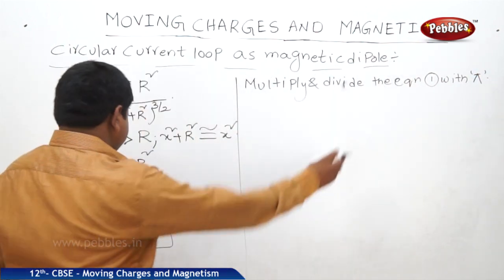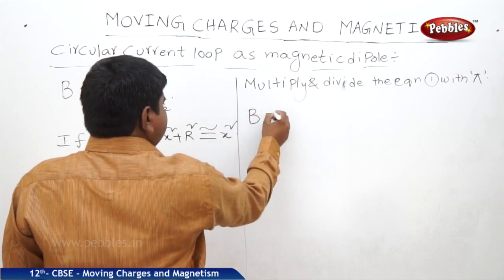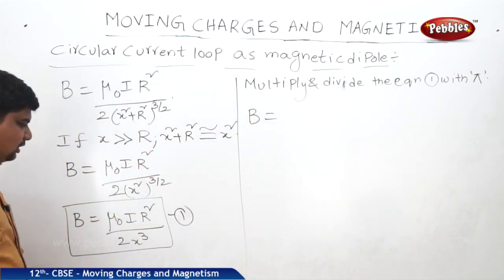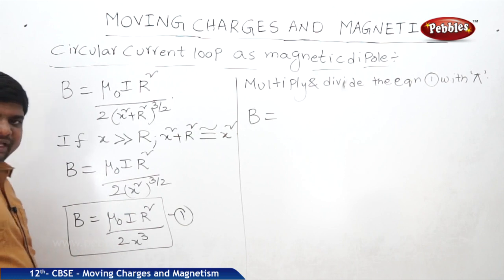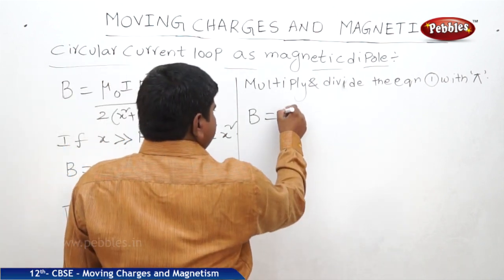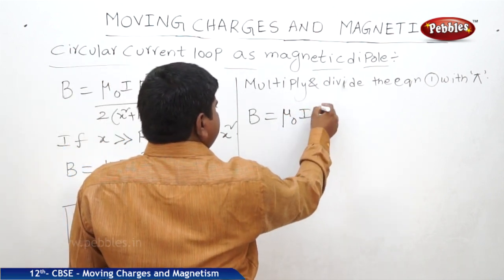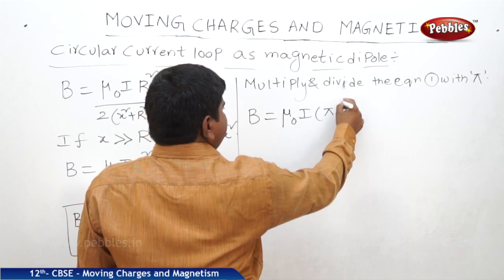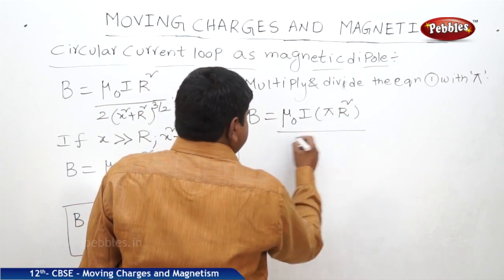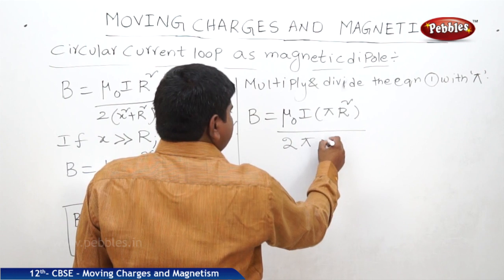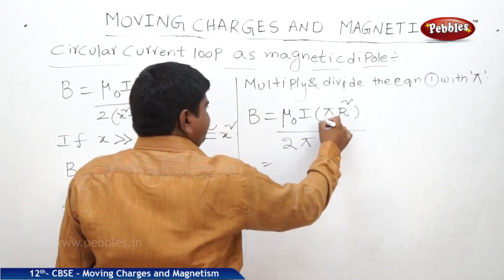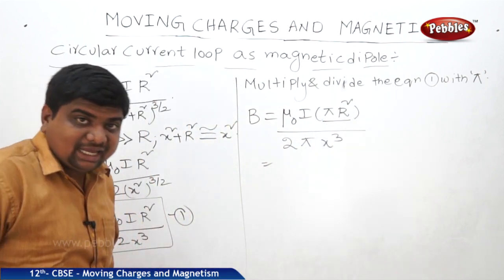So therefore B is equal to mu naught I into pi r square by 2 pi x cube. Pi r square is nothing but the area.